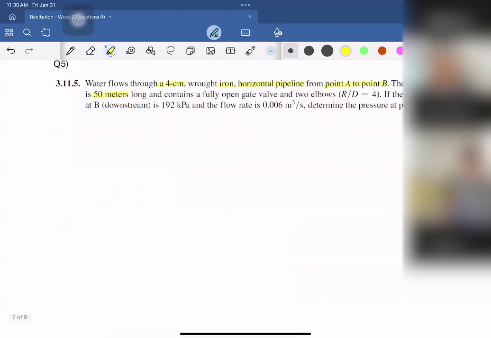And now we can see the minor losses, a valve and 2 elbows. And if you check your textbooks, you will find corresponding loss coefficients for these losses.